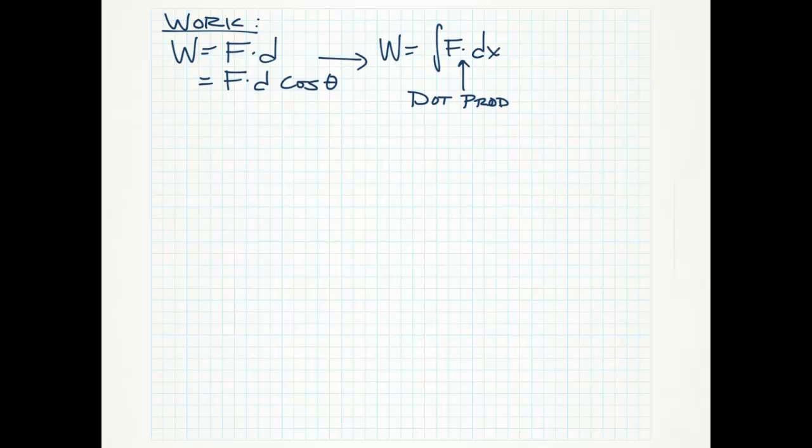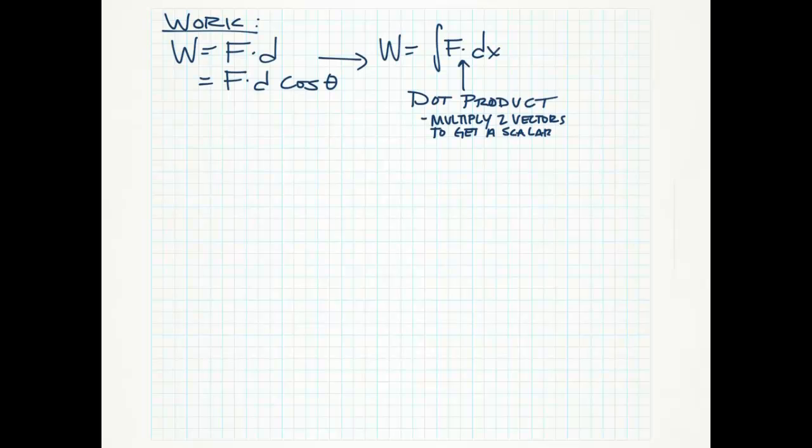Now, the dot product is a special mathematical term that we're going to use. When you multiply 2 vectors to get a scalar, basically I'm putting 2 vectors together and I'm getting just a number out of it.